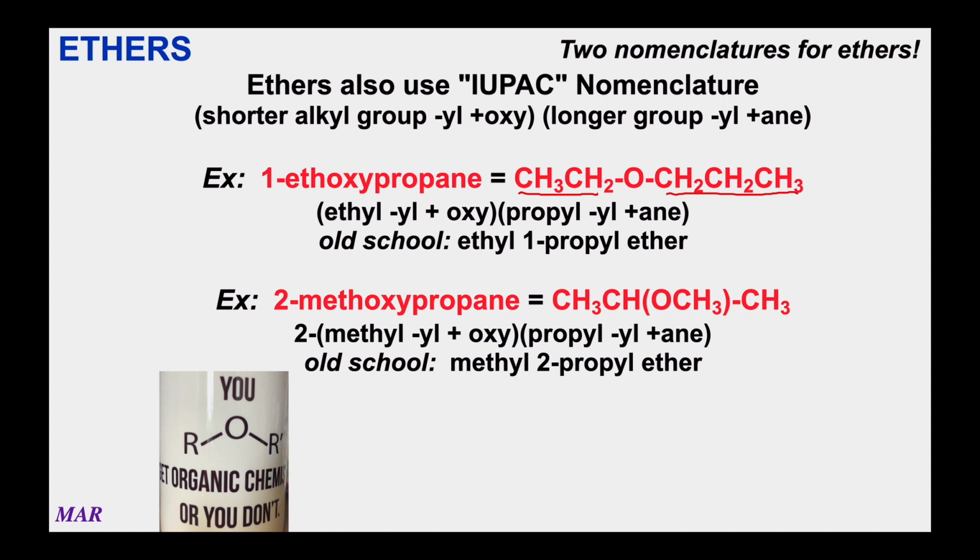Ethyl becomes ethoxy, and then the rest of it you call as if it was an alkane. So propyl becomes propane. So you could also call this 1-ethoxypropane. The ethoxy group is off the first carbon of propane. You could move that ethoxy group to the second carbon, and you could have 2-ethoxypropane.